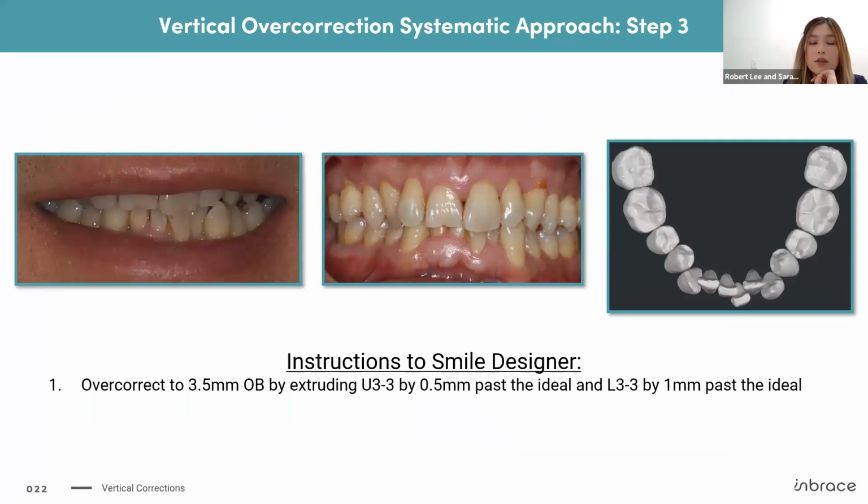For example, your instruction to your smile designer can be to overcorrect to 3.5 millimeters of overbite by extruding the upper 3 to 3 by 0.5 millimeters past the ideal and the lower 3 to 3 by 1 millimeter past the ideal. By splitting the extrusion between the upper and lower arches, you are helping to improve that lack of incisal display, as well as address the relative intrusion that you will be anticipating from all of that lower crowding.